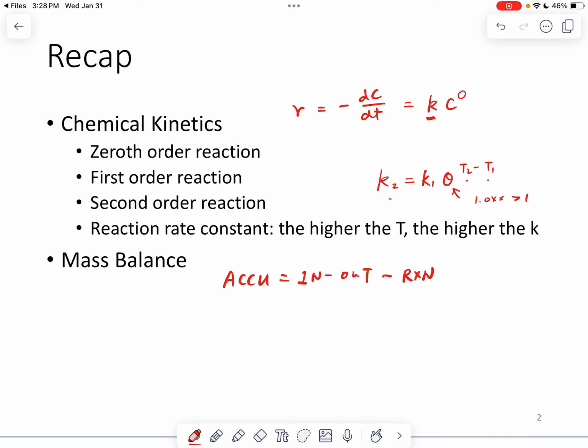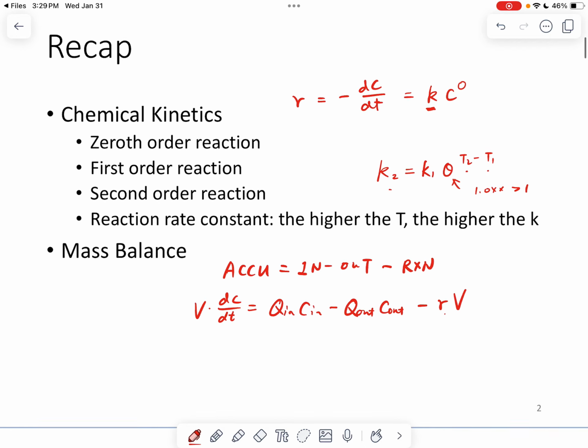We also gave the mathematical description of this mass balance equation, which is V dC/dt, the accumulation in terms of mass, equals Q_in C_in minus Q_out C_out minus R multiplied by V, where R is the reaction rate.